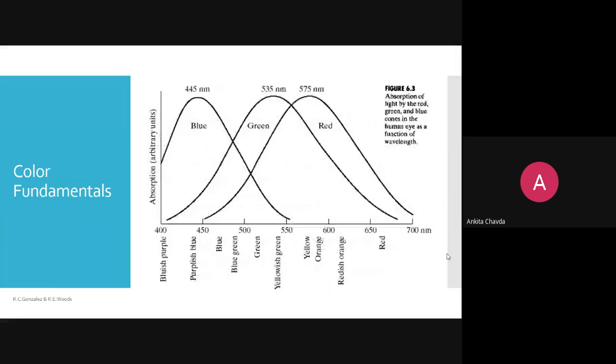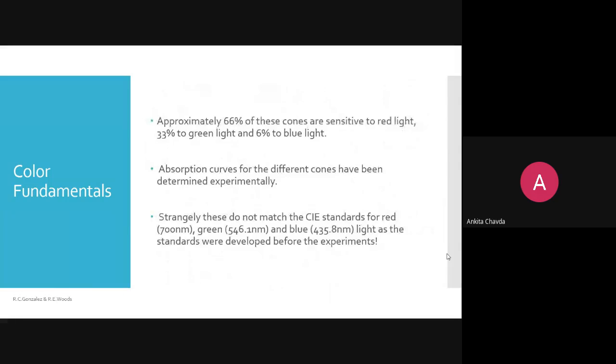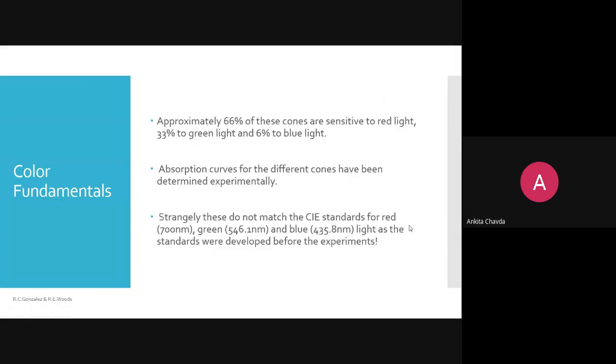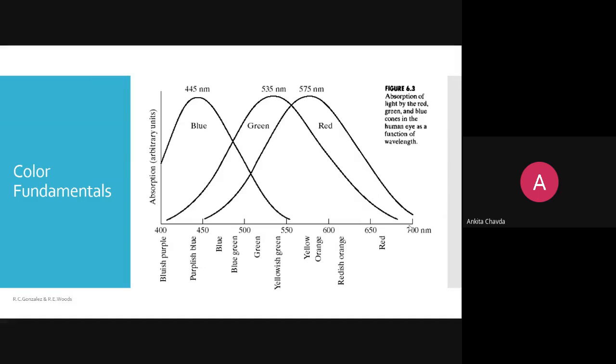So here you can say approximately 66% of these cones are sensitive to red light. Have you seen this? 66% from this to this. And here there's only 33% for green light and 6% for blue light. 6% for blue light and 33% for green.